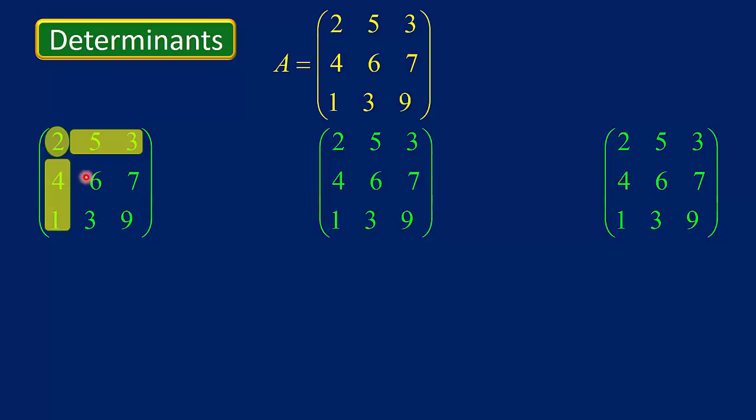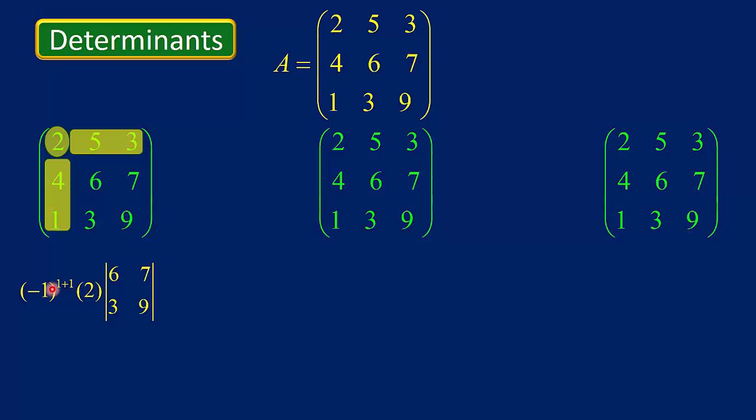So here's what I'm doing now. Notice this 2 is in position 1, 1. It's in row 1, column 1. So I'm going to make this calculation. I'm going to take negative 1 to the row 1, column 1 power. Since it's 1, 1, I have negative 1 to the 1 plus 1. This is always what you're going to do for each one of these terms, because the signs are going to alternate.